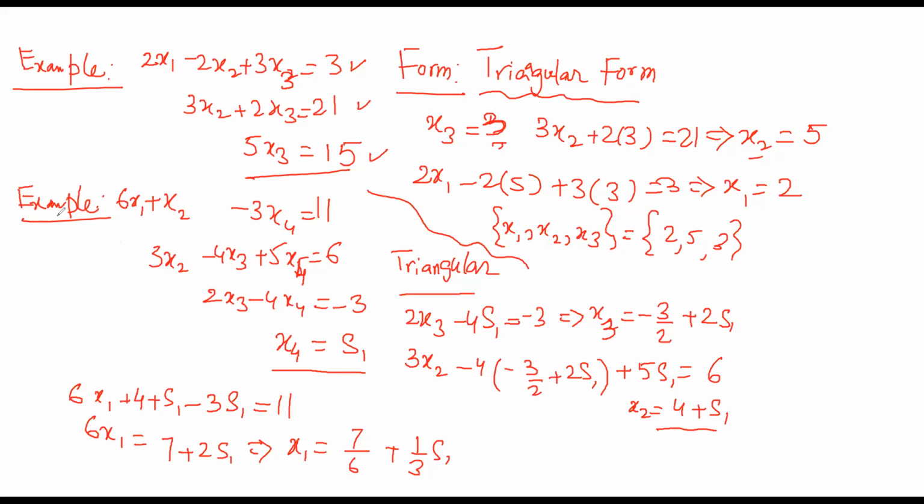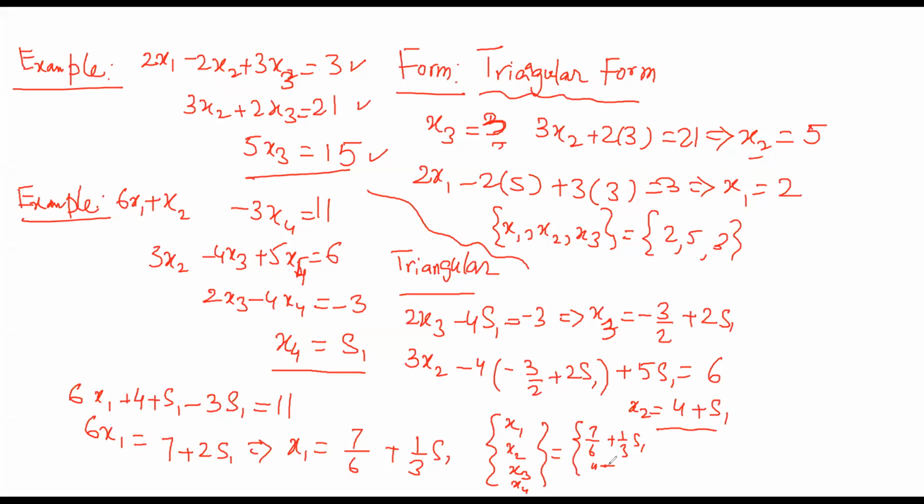Okay, so that was the example. So we can write the solution set like this as well: x1, x2, x3, x4. Whatever form you want to find, in the row form or column form, you can write the solution set like this. So the first one will be 7 by 6 plus 1 by 3 s1. The second one is 4 plus s1.